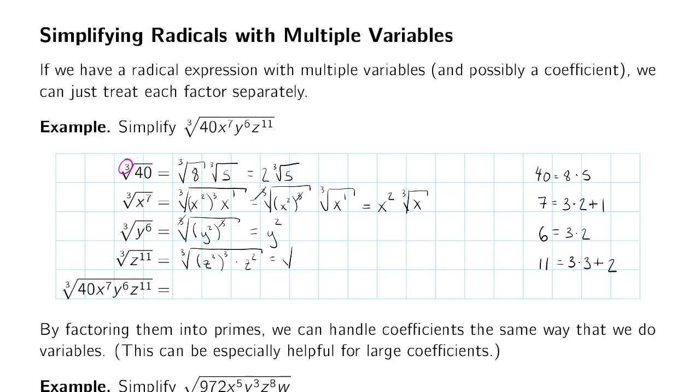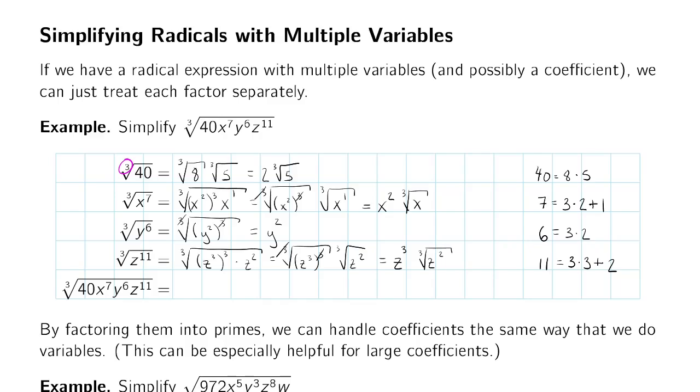So that's the third root of z to the third times the third root of z squared. Third root and third power cancel out. We're left with z to the third times the third root of z squared.